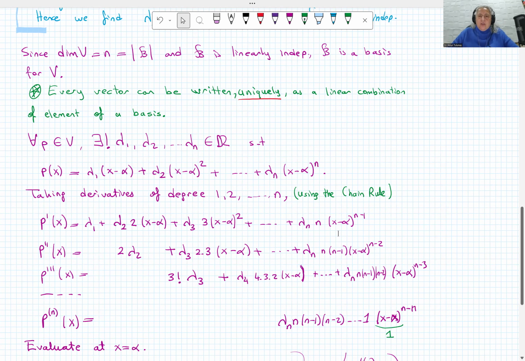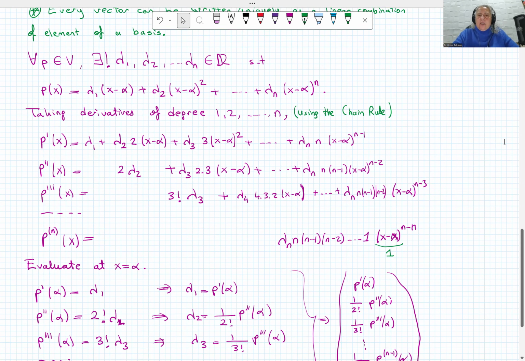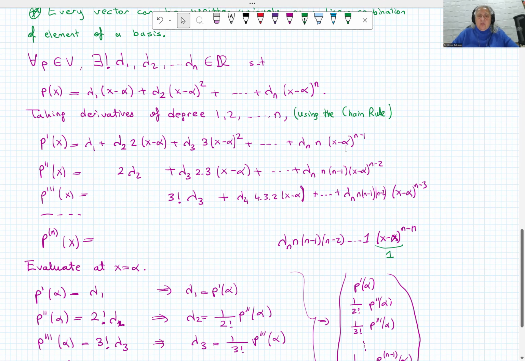Now I'm going to take the second derivative. I can move from here to here by taking the derivative of this polynomial. This is a constant, so it will be 0, and this will be just 2 lambda 2. For this, the 2 goes down and it will be x minus alpha. In the end, I have alpha n, n minus 1, and that goes down one more, n minus 2.